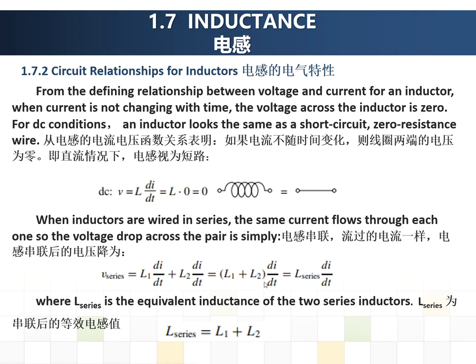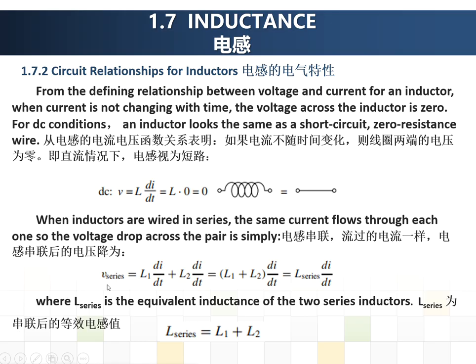When inductors are wired in series, the same current flows through each one. The voltage drop across the pair will be equal to L1 multiply di divided by dt plus L2 multiply di divided by dt.